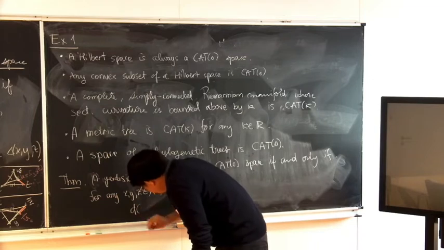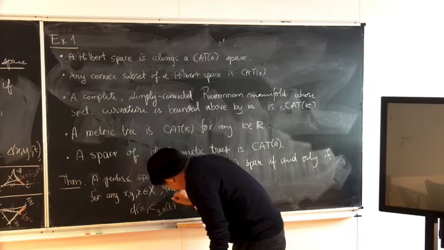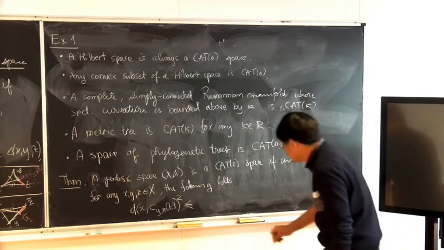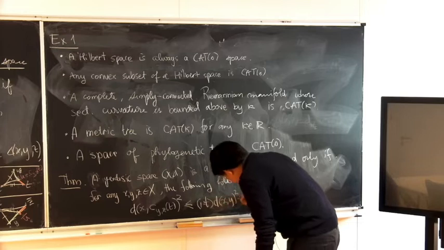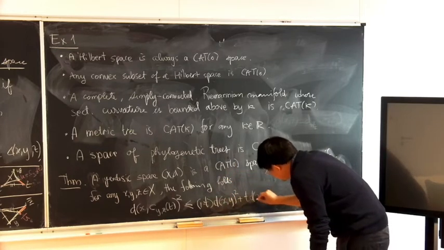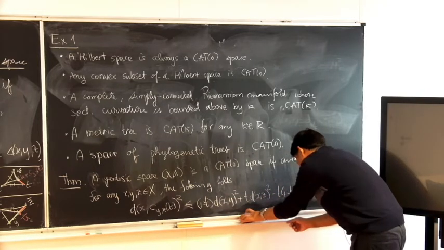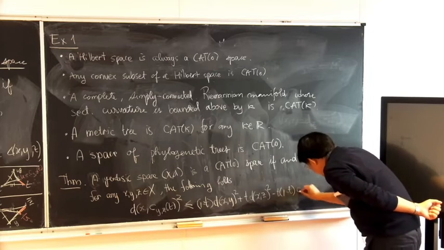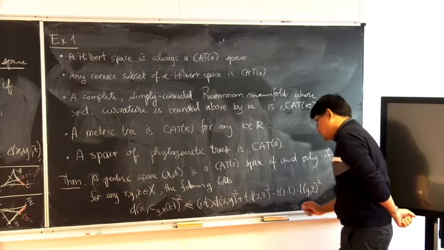So we have the distance between x and c(y,z)(t) squared less than or equal to (1 minus t) times the distance between x and y squared, plus t times the distance between x and z squared, minus t times (1 minus t) times the distance between y and z squared. So this is known as the CN inequality.